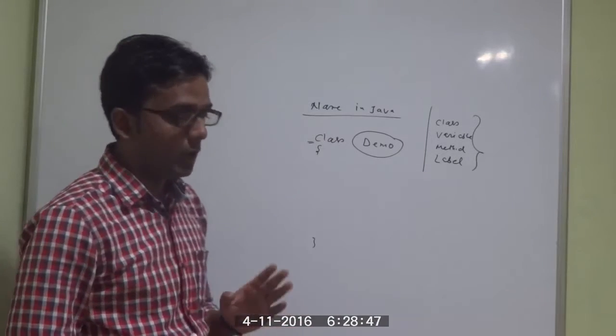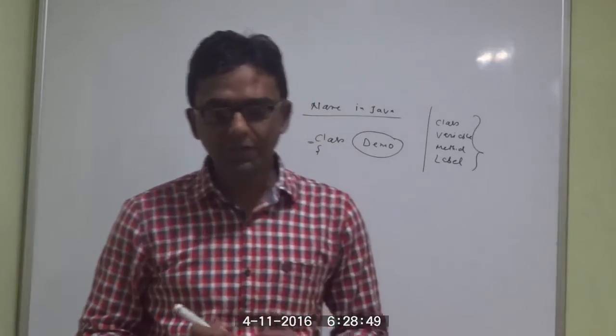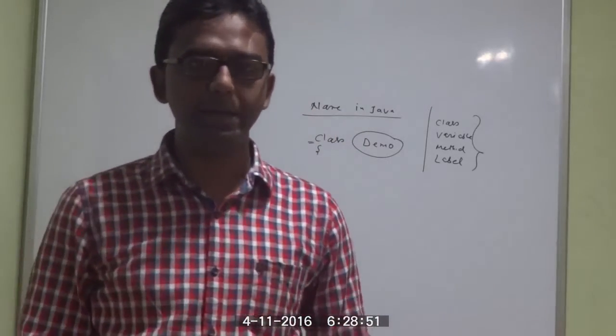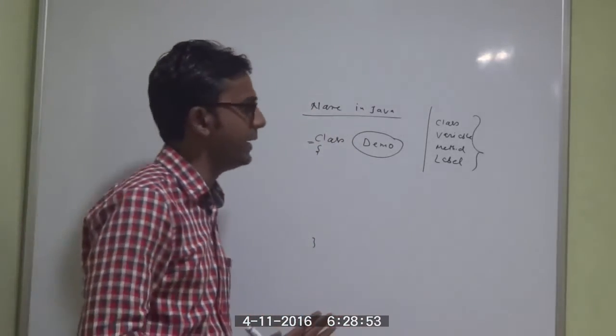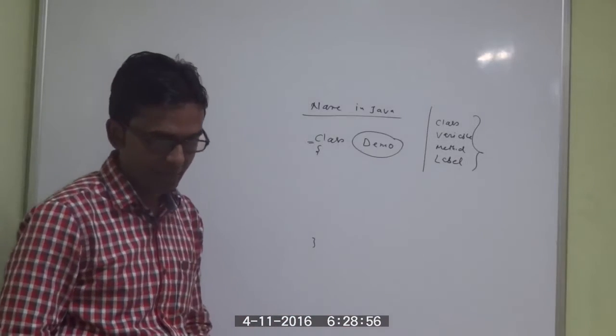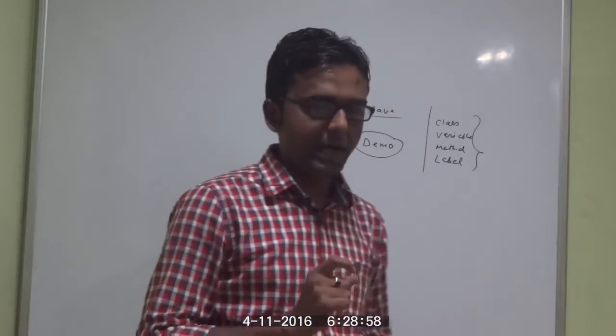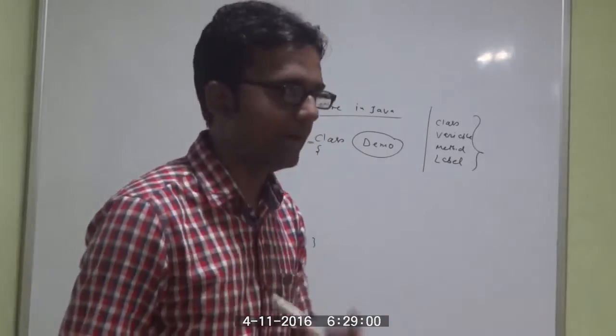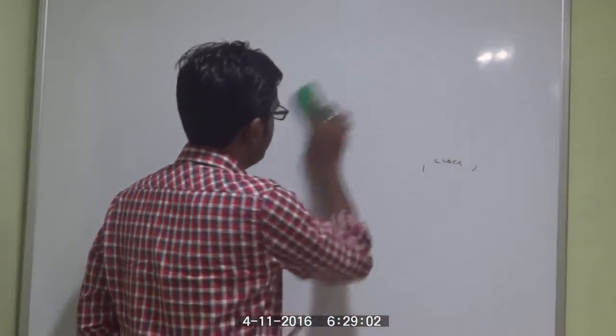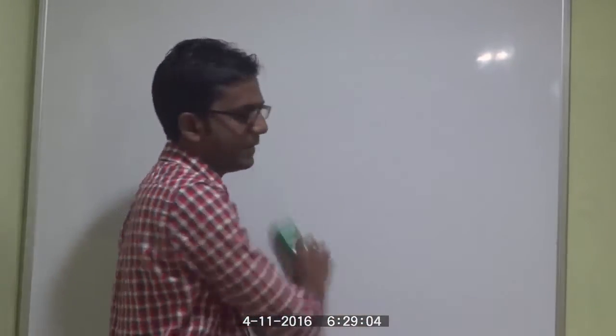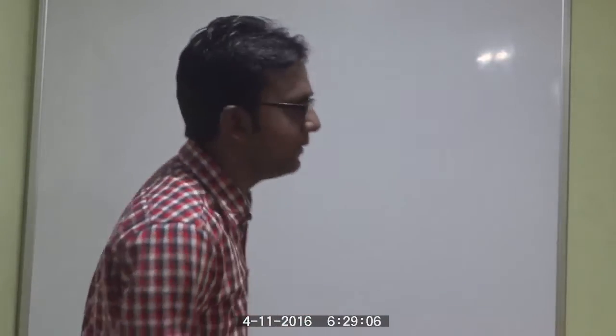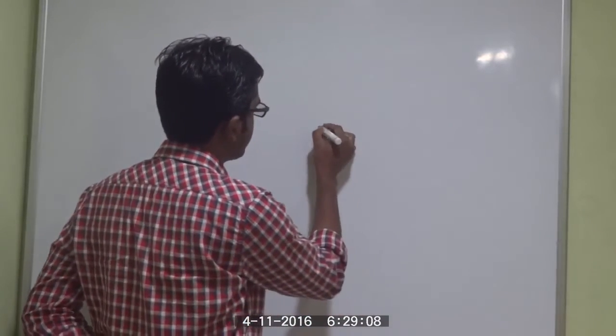Now we need to understand which name will be considered a valid name. This means which identifier will be treated as a valid identifier. Only those identifiers will be treated as valid if the identifier follows the following rules.